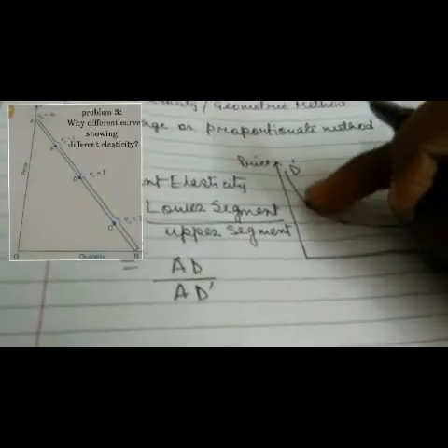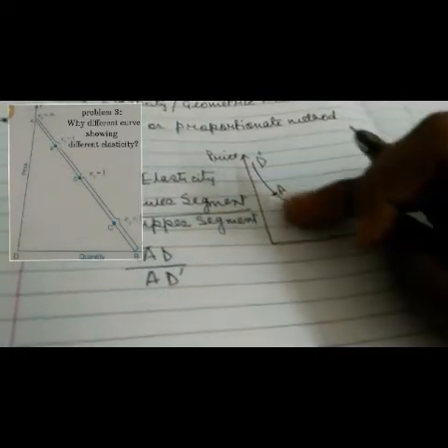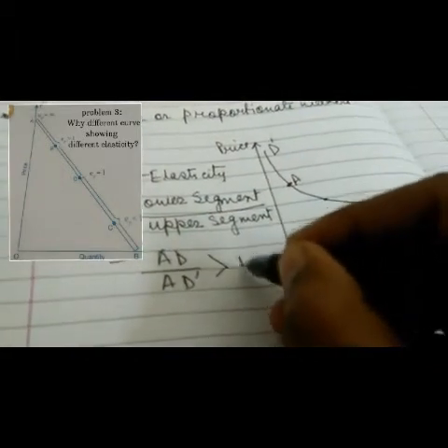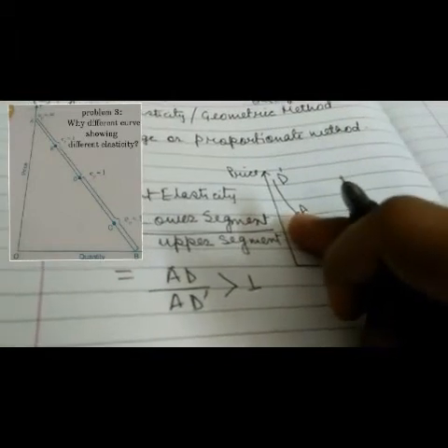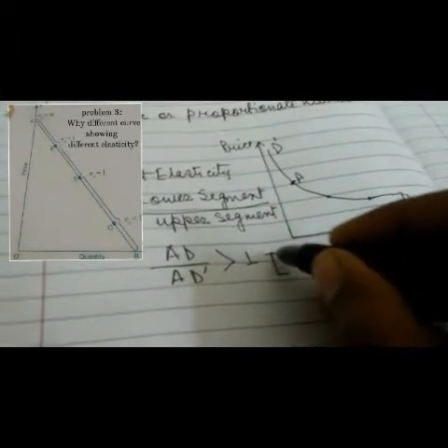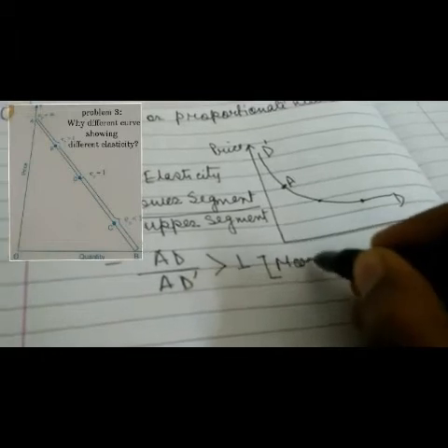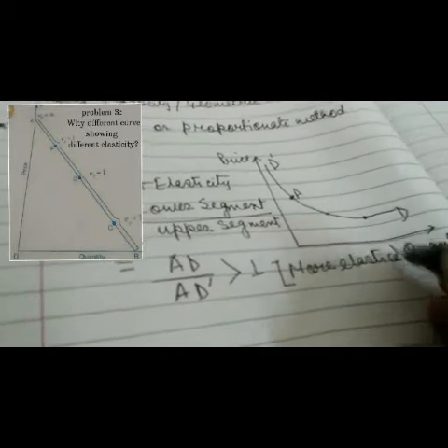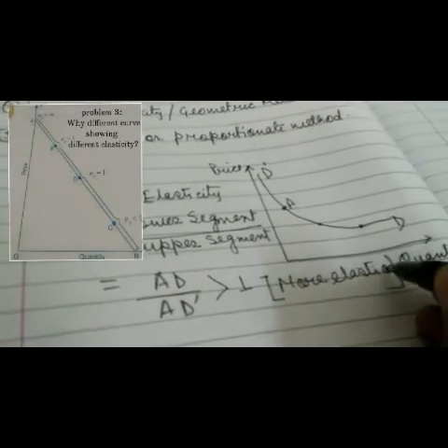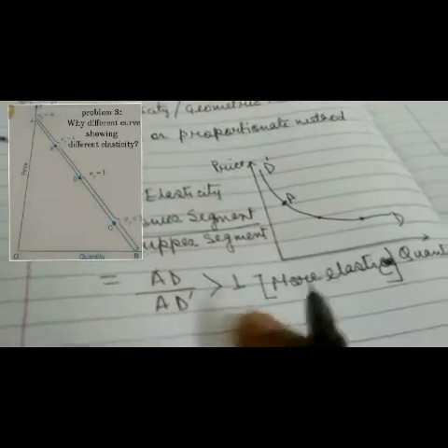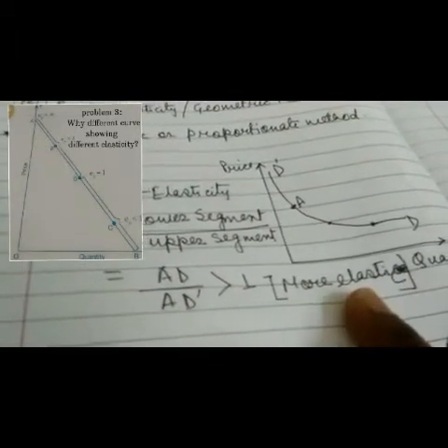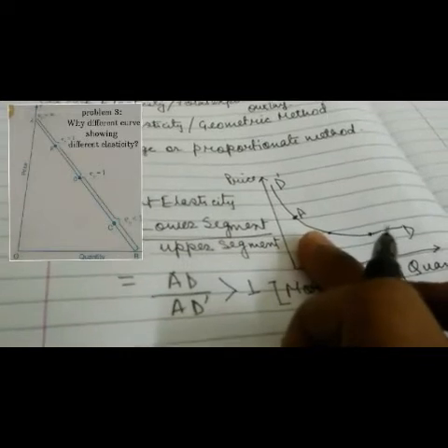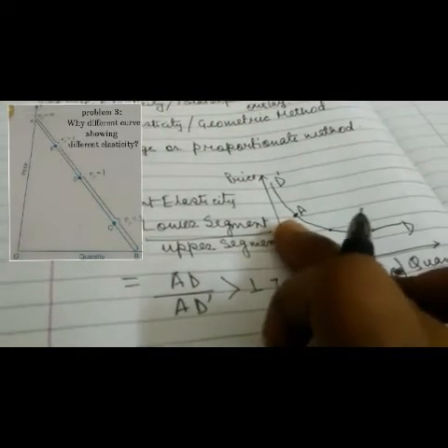While looking at the diagram, we get to know that this must be more than 1, isn't it? So you can say it is more elastic, or relatively elastic. That is how we normally see the diagram and check out the points.